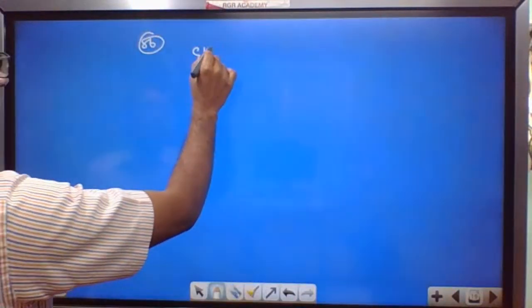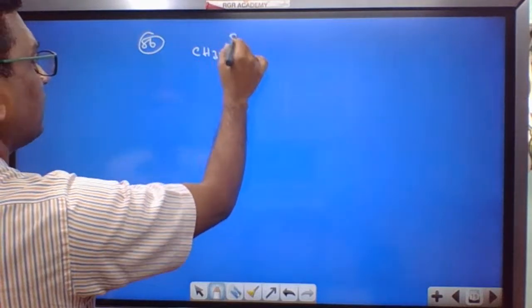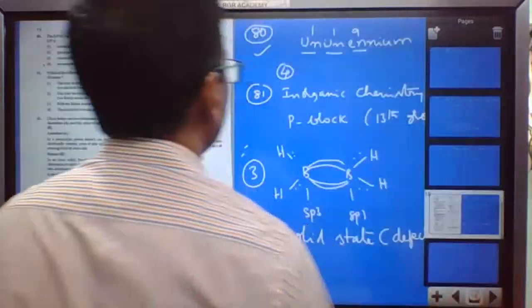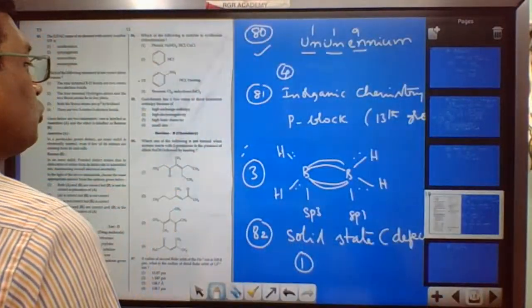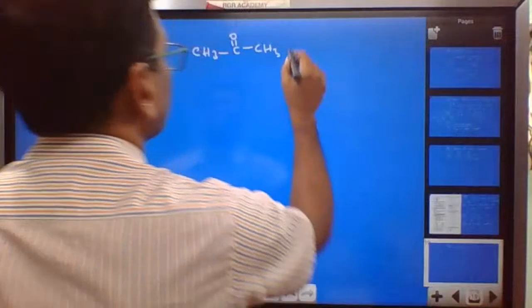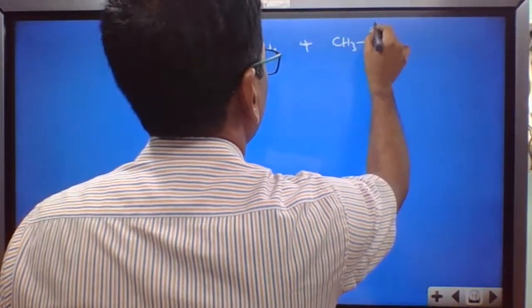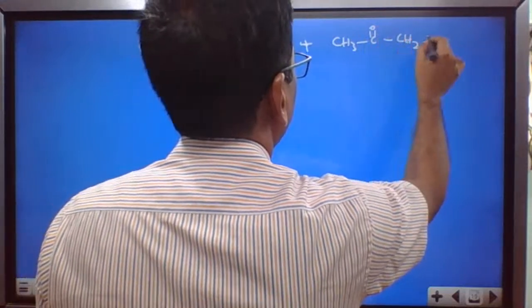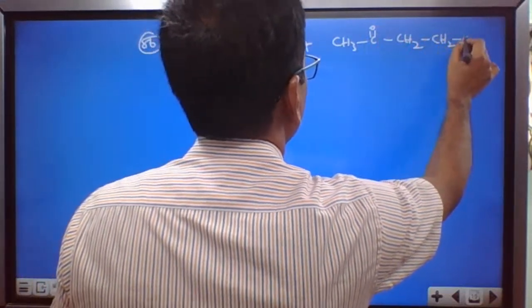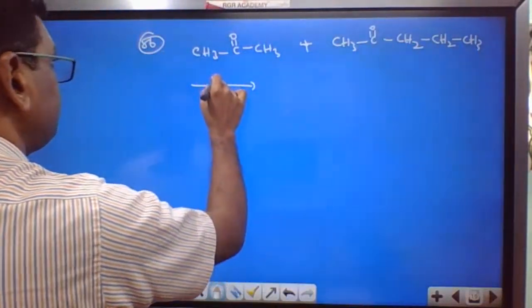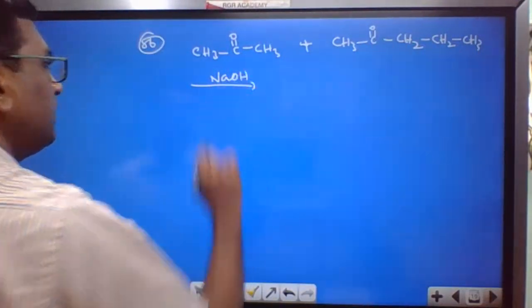They gave acetone when treated with NaOH, and 2-pentanone. Then he is asking, which of the following compounds does not form when treated with NaOH?